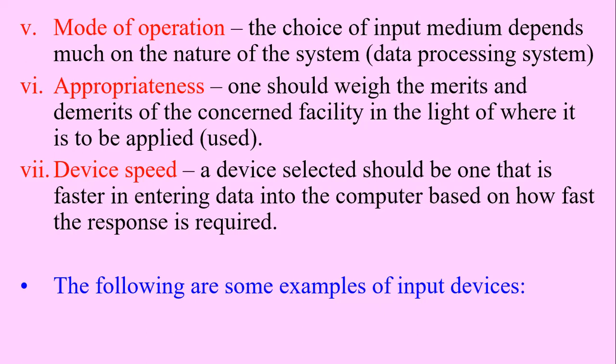One should weigh the merits and demerits of the concerned facility in the light of where it is to be applied or used. And the seventh factor is the device speed. A device selected should be one that is faster in entering data into the computer based on how fast the response is required. And the following are therefore some examples of input devices.